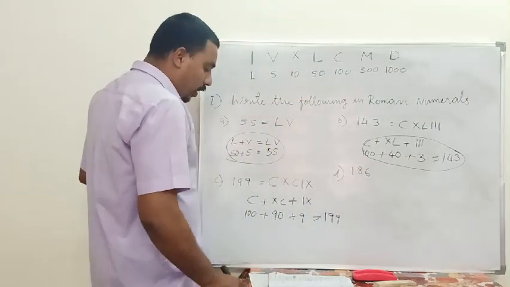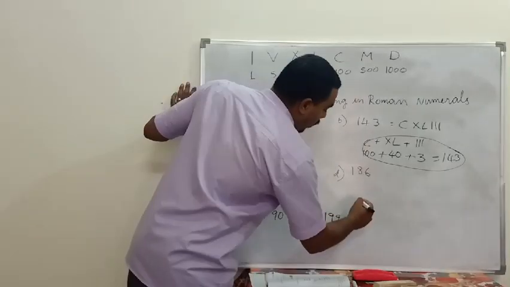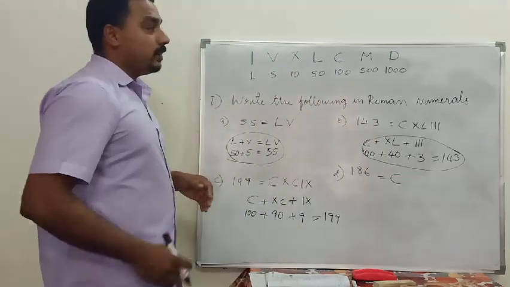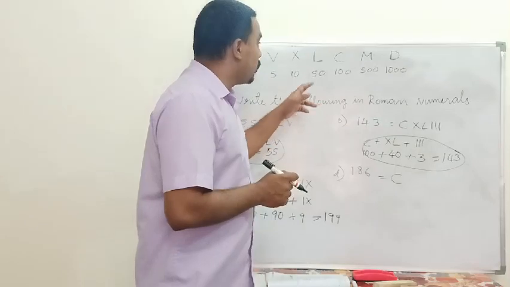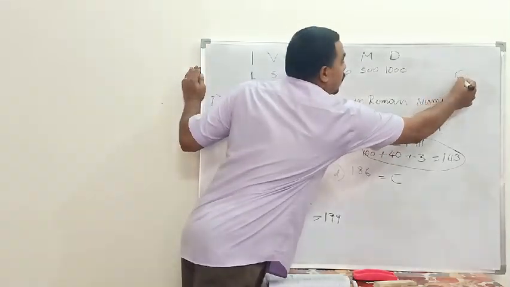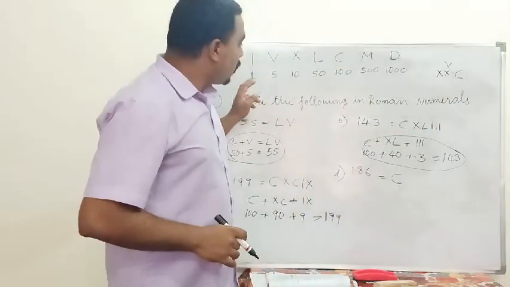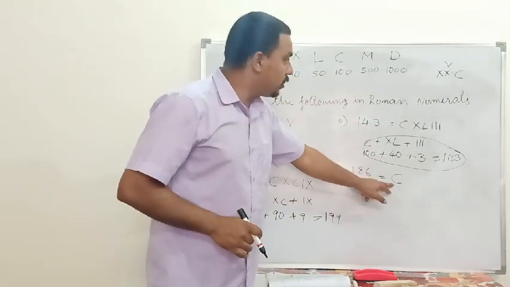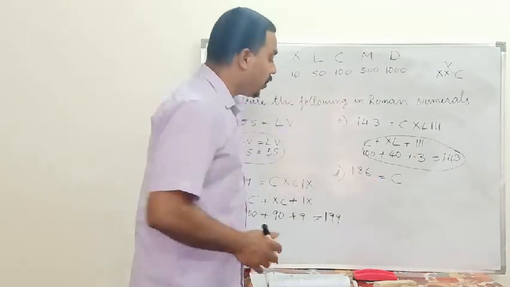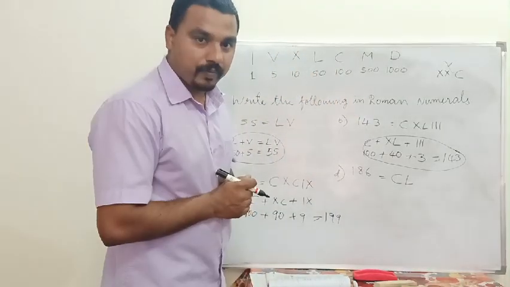The next one is 186. How to write 186? In the same way, take 100. We will not subtract 20 from 100. We will not write like this. This is wrong. Never write like this. So what do we have to use? After this, we have to use 50 here. 100 plus 50 is equal to 150.